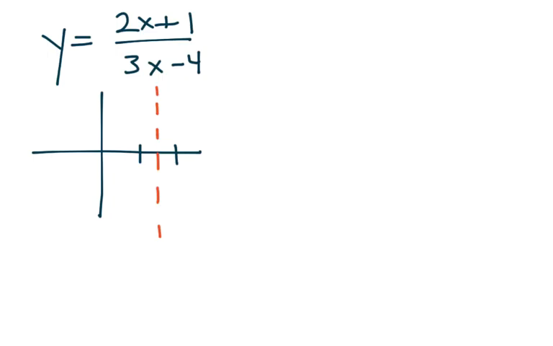But we also talked about horizontal asymptotes. The way that we found horizontal asymptotes was we had a definition, which is reviewed here in these notes. If the greatest exponent of x in the numerator and denominator is the same, then the horizontal asymptote was the ratio of the coefficients in front of those terms.